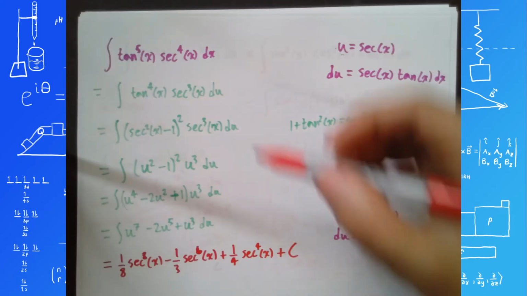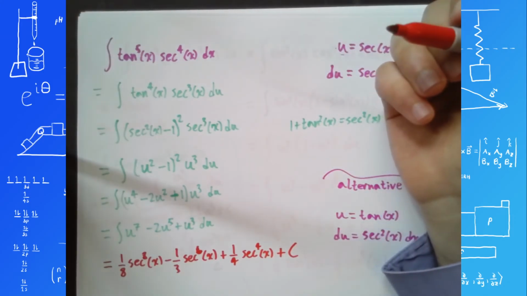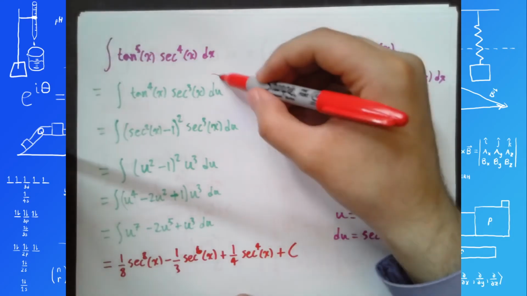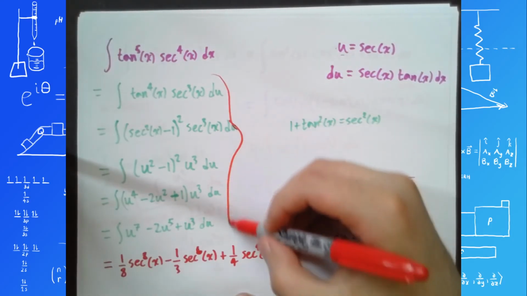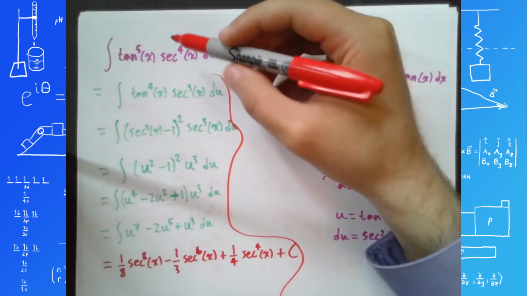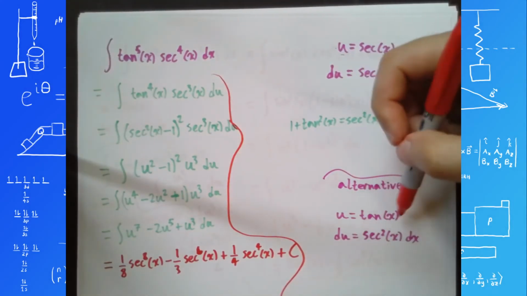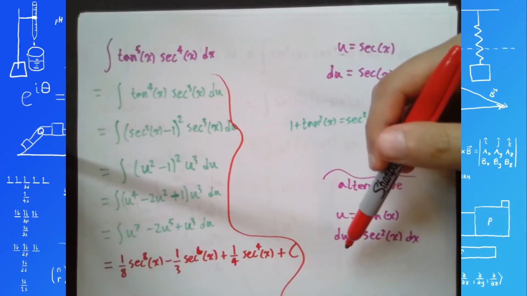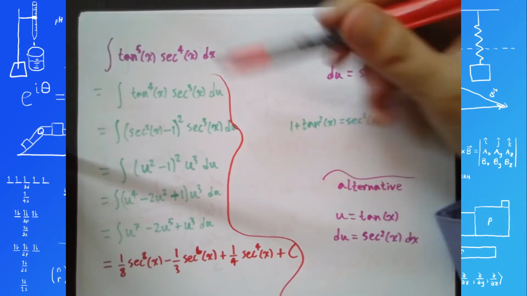Okay, and using the alternative method, I guess I'll try and write it out over here. Using the alternative method, u equals tangent of x, du equals secant squared of x dx.